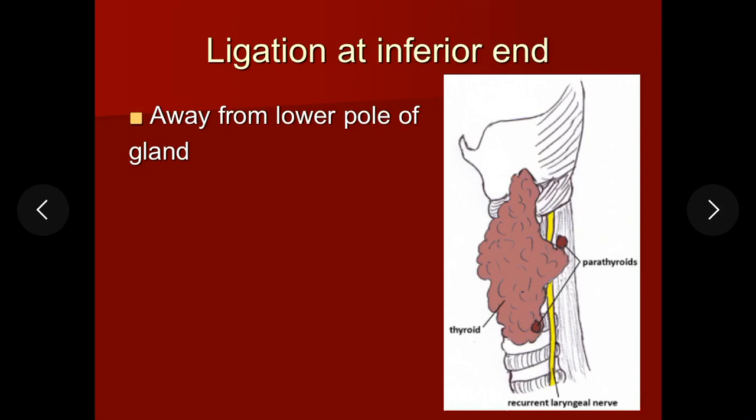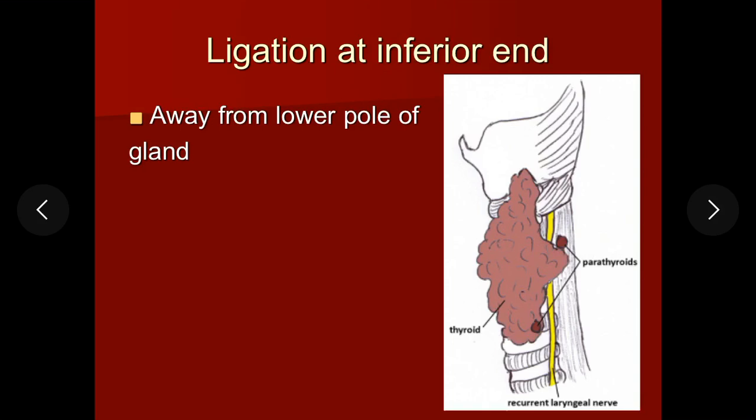I think you understood that. In addition to these arteries, in certain individuals you find an additional supply, which is termed the thyroidea ima.